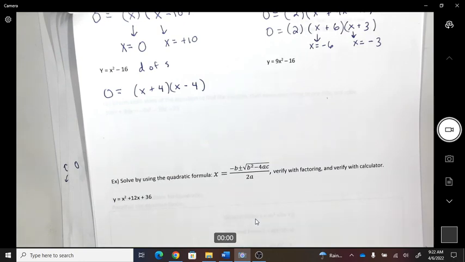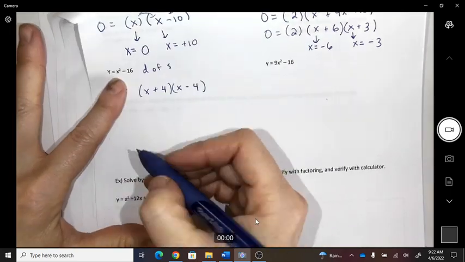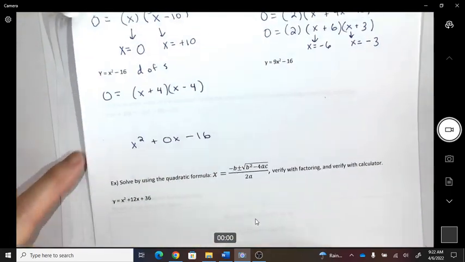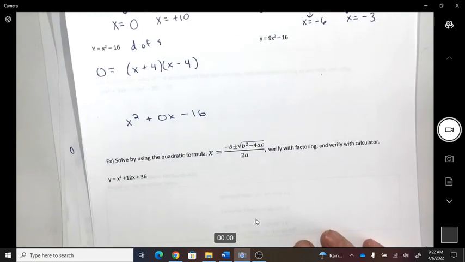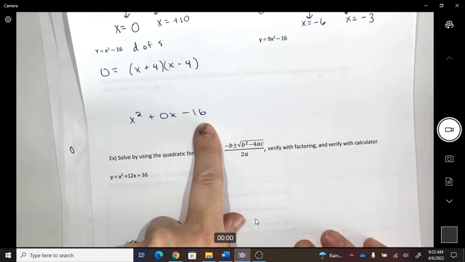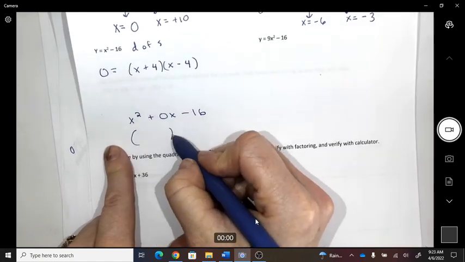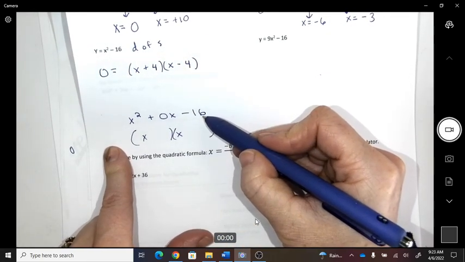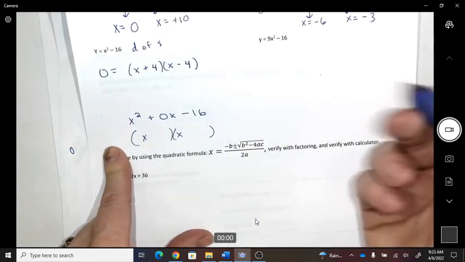Okay, this is technically, you could do the trinomial rules. This is what the difference of squares is really about. Here's the trinomial, right? So you're thinking, what multiplies to 16 and adds to 0?